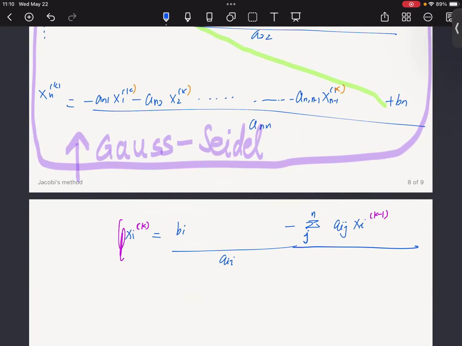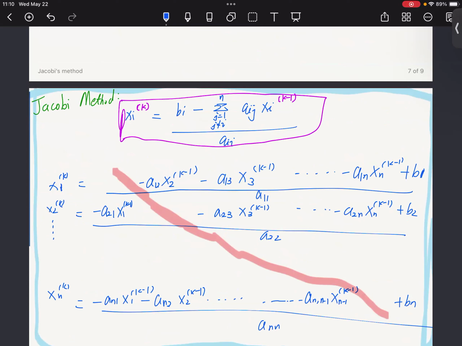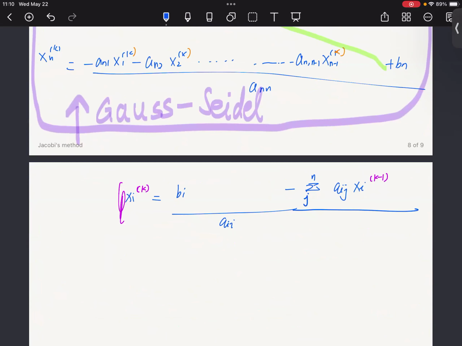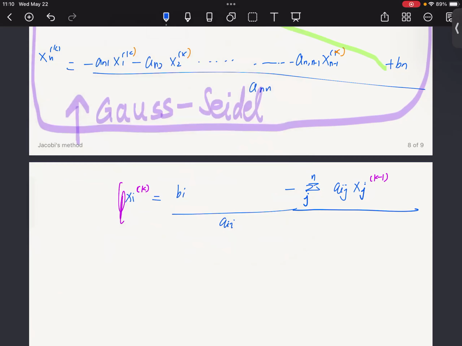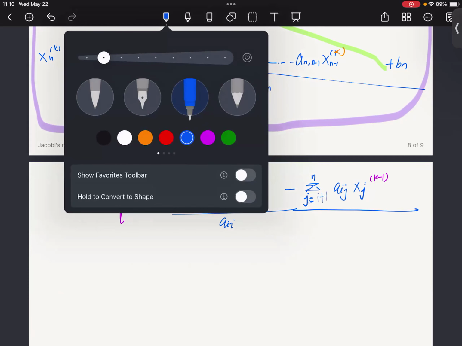I saw something wrong at the very beginning, and this one should be xj. Here we have xj as well. And here the j should start from, because it's after the index i, i plus 1.